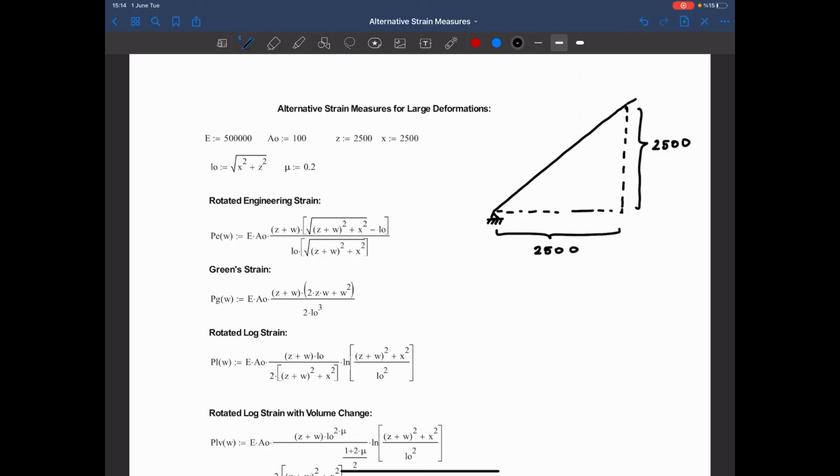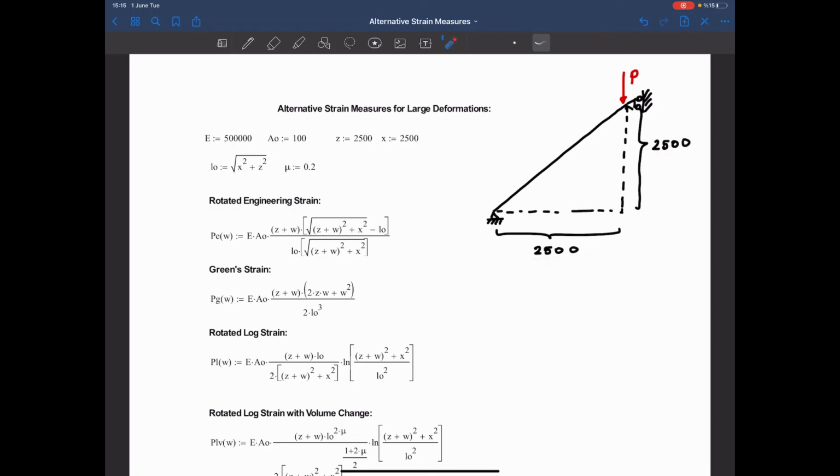So we start with 45-degree angle. We apply the force in the vertical direction, and this will move to this point and continues. So we will be analyzing the snap through response with very large displacements.